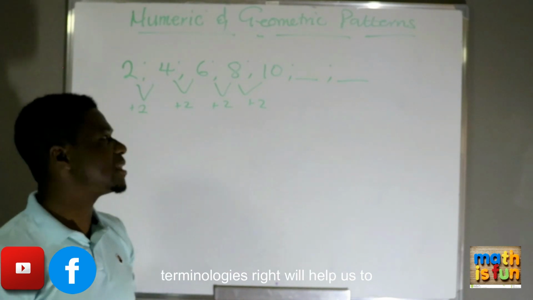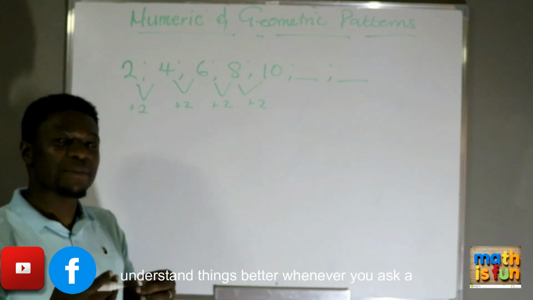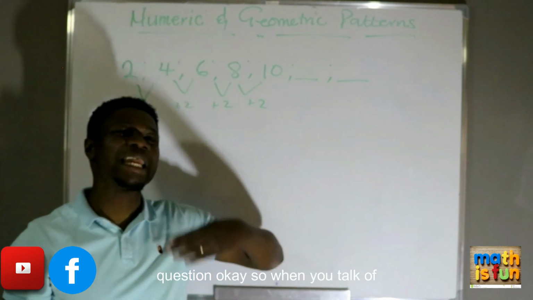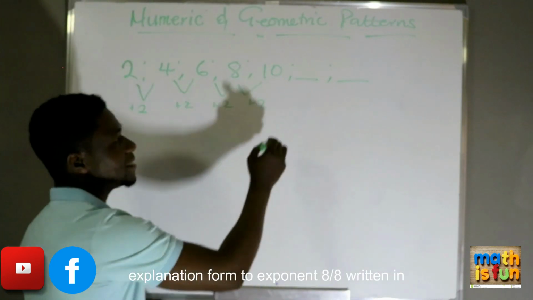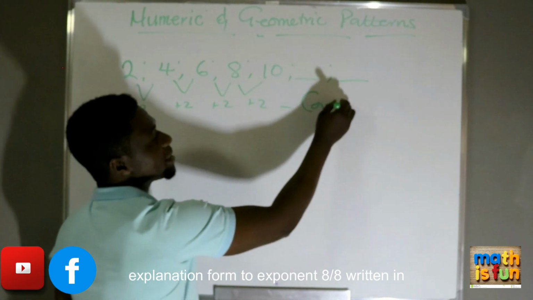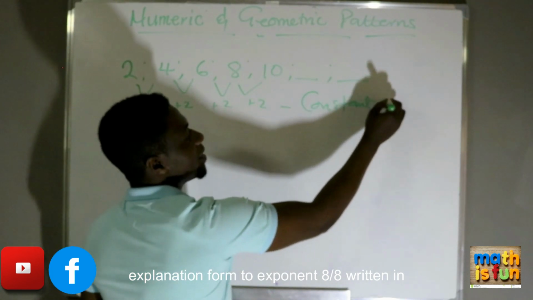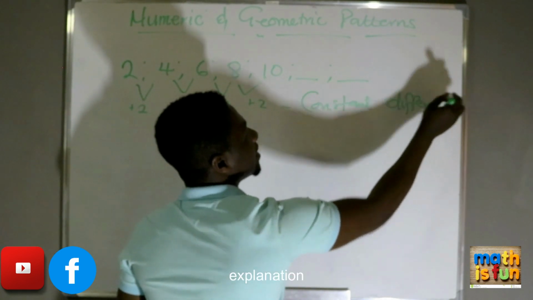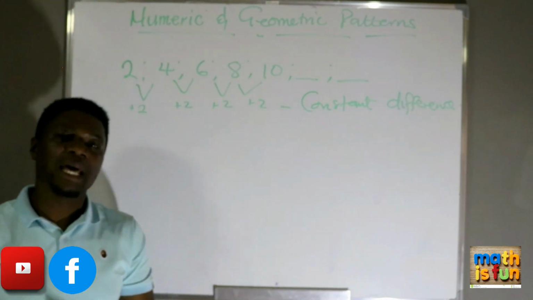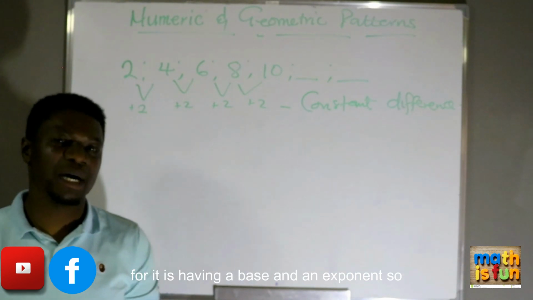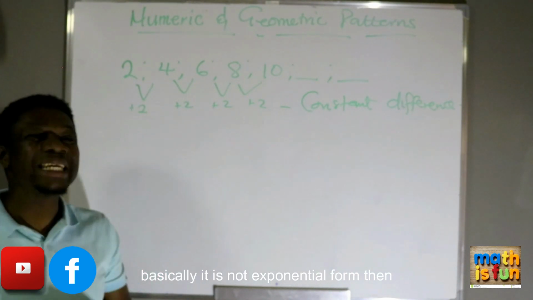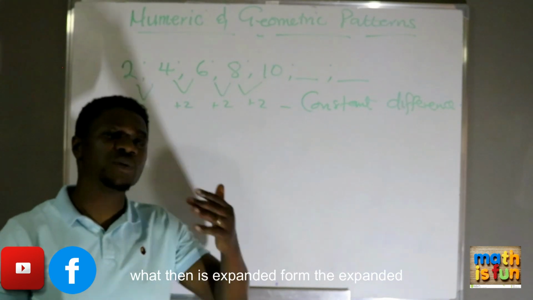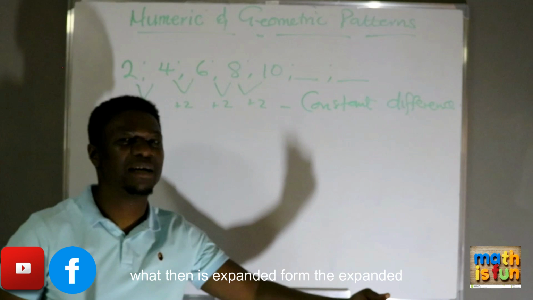So in mathematics, when a particular number is being added or subtracted for us to get the next term, then that is known as a constant difference. So that is to tell us that in a numeric pattern, a particular number is being added or subtracted for us to get the next number.